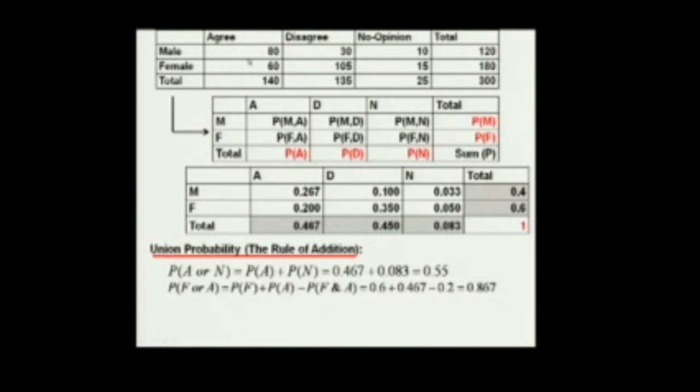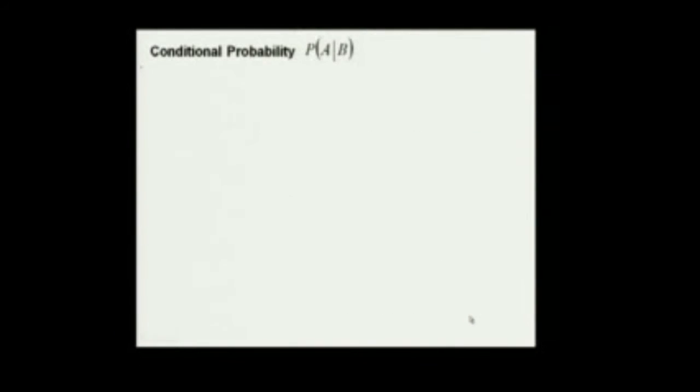P(A), look at the total of agree, 140 divided by 300, which is the 0.467 here, minus female and agree, that's 60 divided by the 300, which will be the 0.2 value. You can get it here from the table directly, and that gives us the probability of F or A, and so on.